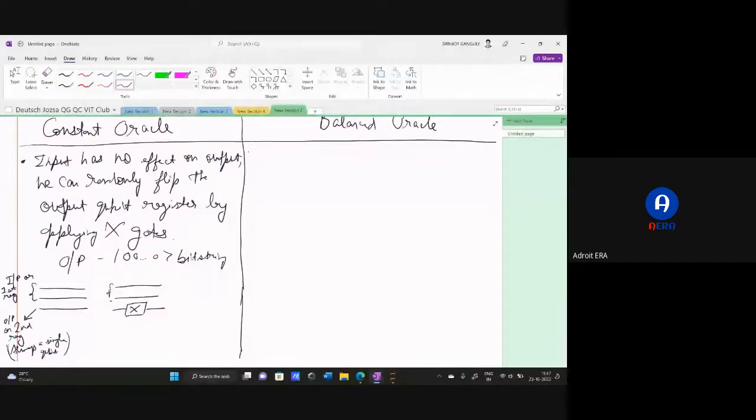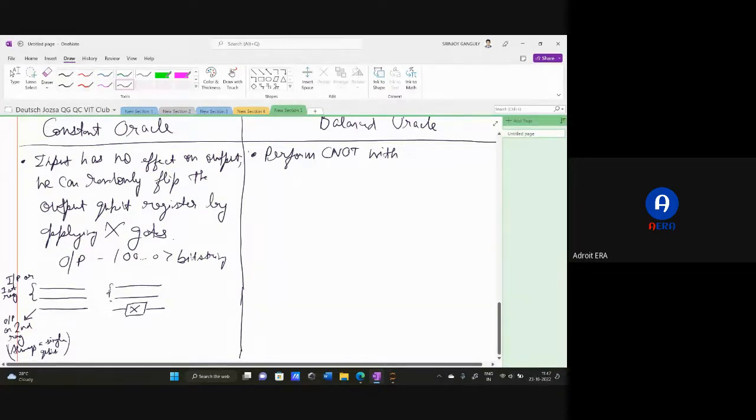Now, second, perform CNOT. This is how you are going to construct it. I'm just writing it in words first, then I'm going to show you the diagram.